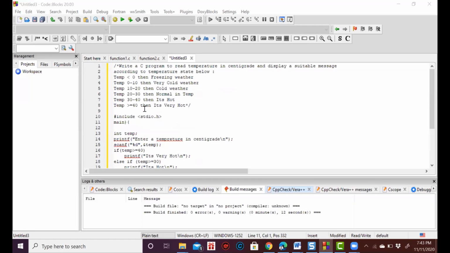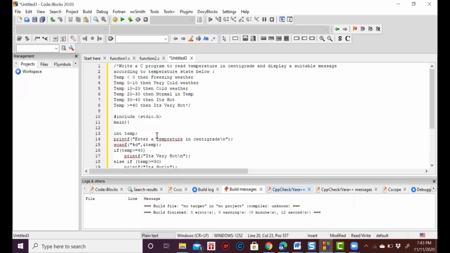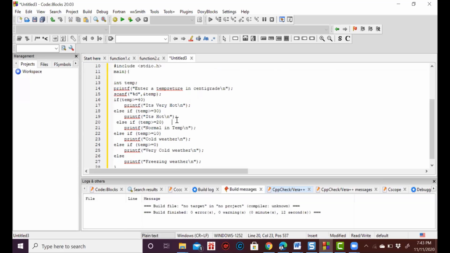So for example, in between, you can put the condition between 10 to 20 like this. Greater than 20, 20 to 30, right? So actually, else if, you can put it like this.